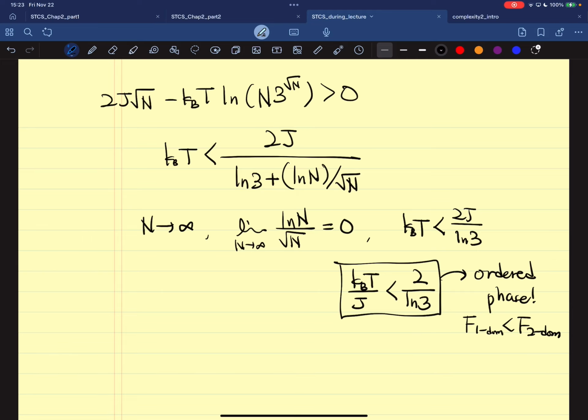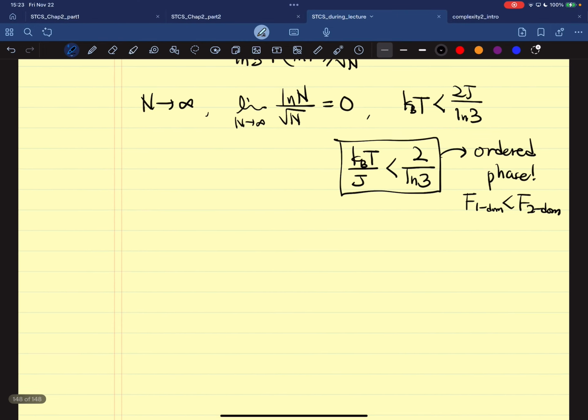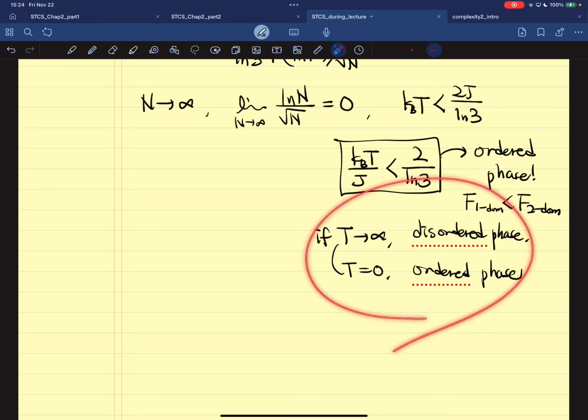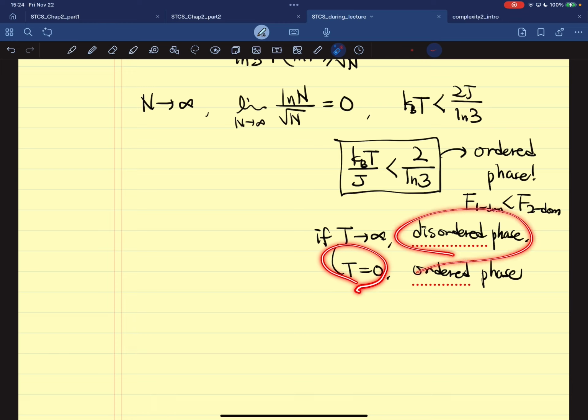But we know that if t goes to infinity, it must be the disordered phase. And of course, if t is 0, it's the ordered phase. And the tricky thing was, in a one-dimensional system, every finite temperature belongs to the disordered phase.